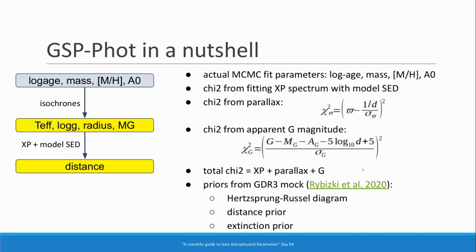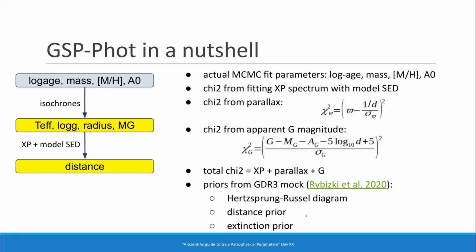And on top of that, because this is an MCMC, we need a log posterior. So having a chi-square, meaning a likelihood, is not enough. We also need priors. GSPPhot uses the GDR3 mock catalog, which is a simulation of what Gaia was supposed to see in data release 3, to build a Hertzsprung-Russell diagram, a distance prior, and an extinction prior.